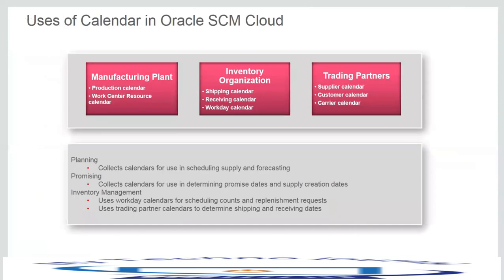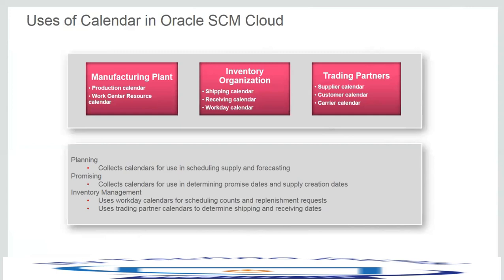This diagram in the slide depicts how Oracle SCM Cloud uses calendars for planning, promising, and inventory purposes. Planning and promising collect the calendars associated to manufacturing plants and inventory organizations, as well as the supplier shipping calendars and customer receiving calendars.